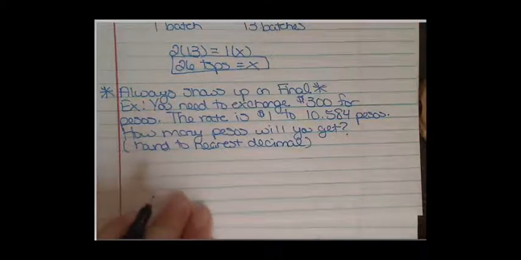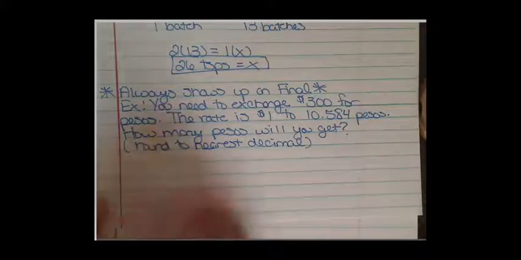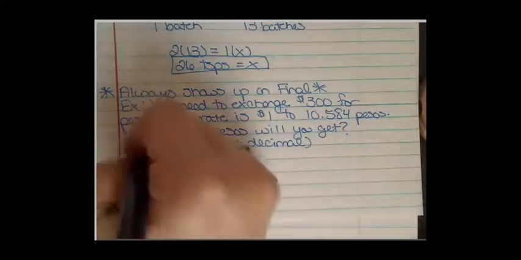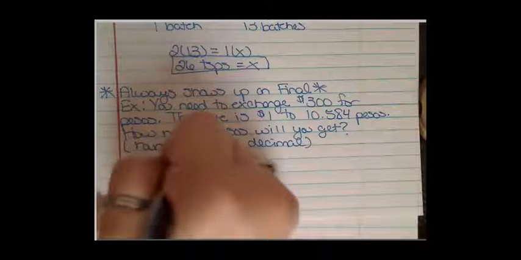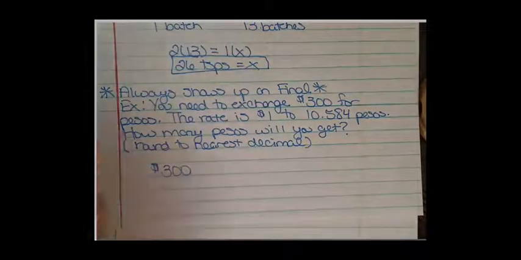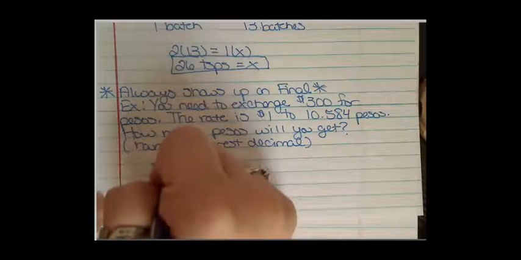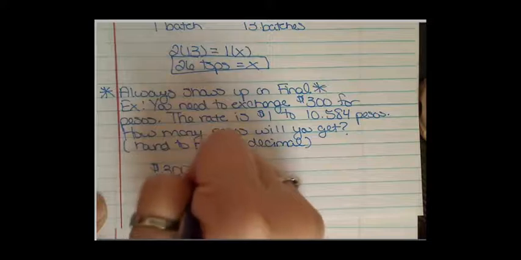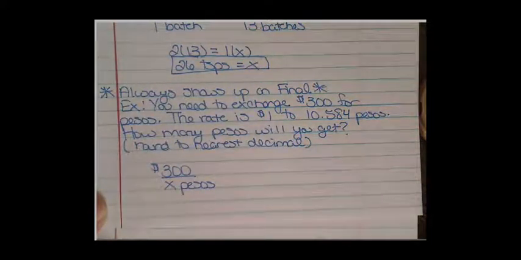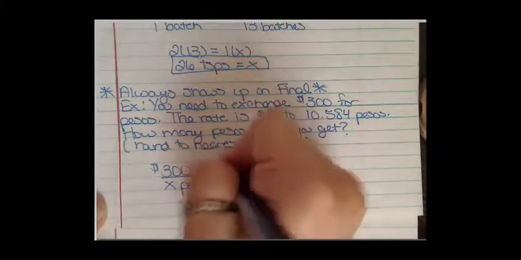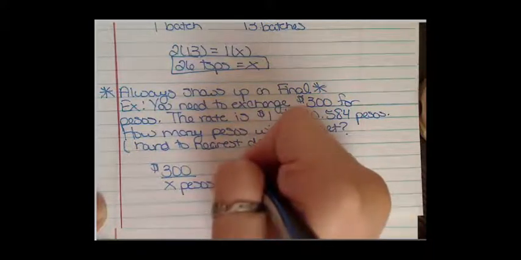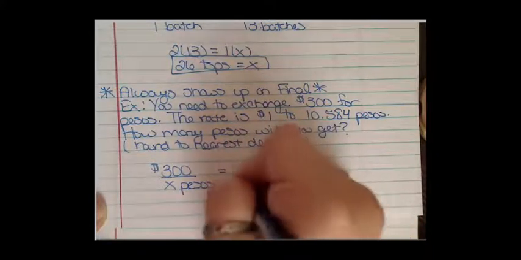So it says we need to change $300 into pesos, but we don't know how many pesos we're going to get for that $300. But we do know that for $1, we're going to get 10.584 pesos. So we're going to cross multiply.